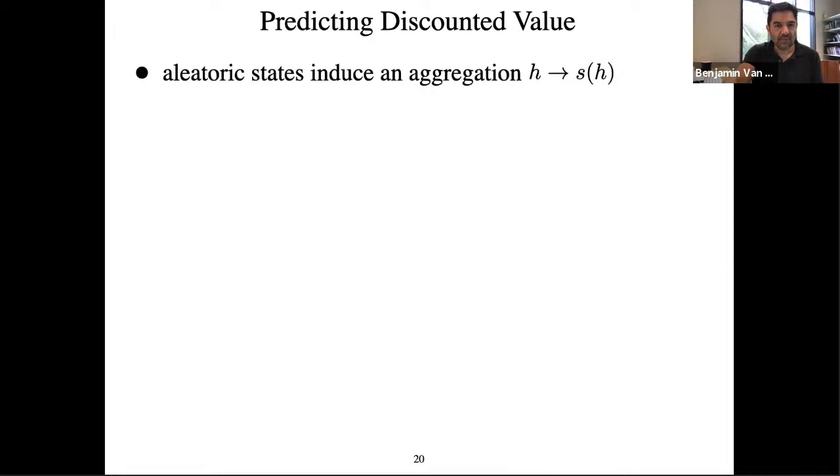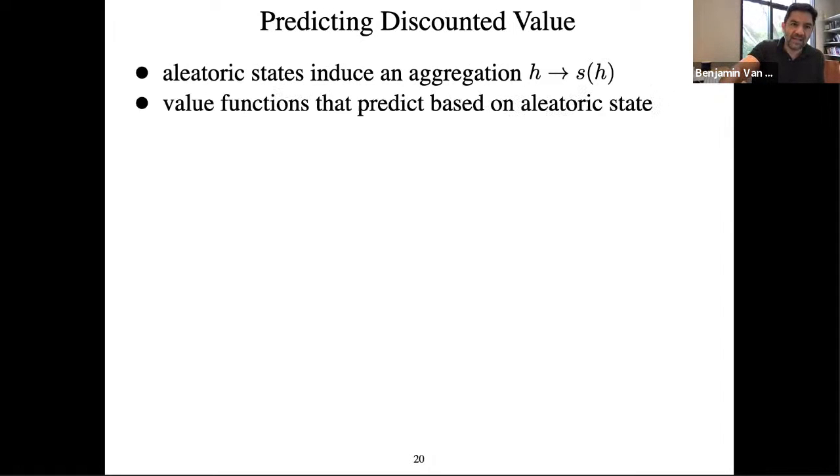You can think of aleatoric state as inducing a state aggregation, right? For any history, by applying the aleatoric state update function incrementally over that history, you arrive at a current aleatoric state. So there's a mapping from history to current aleatoric state. Let's call that S of H, the current aleatoric state given history H. You can think of that as an aggregation induced by the aleatoric state update function.